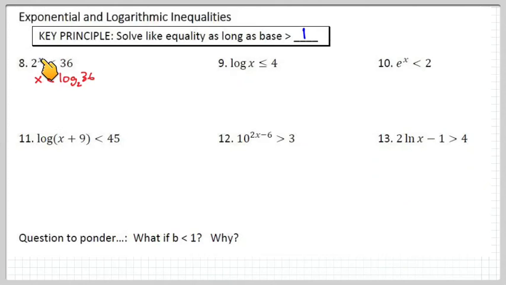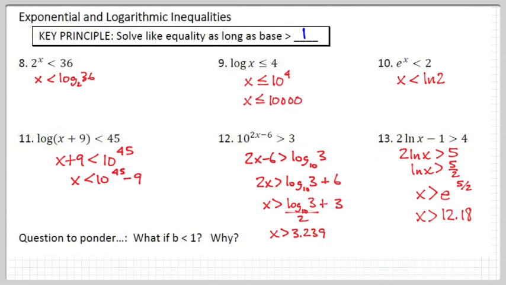Since I have 2 to the power of x, I'm going to take log base 2 of both sides, and I know that it removes the 2 right here, and so I just get x on this side. Log base 2 of 36 is my answer here. And I do the same for all the other problems, and I will show those in 3, 2, 1.